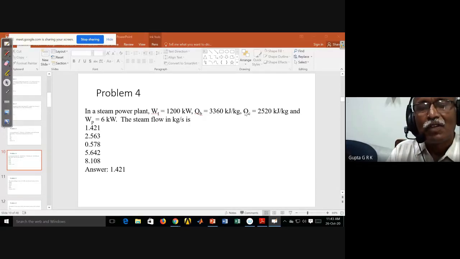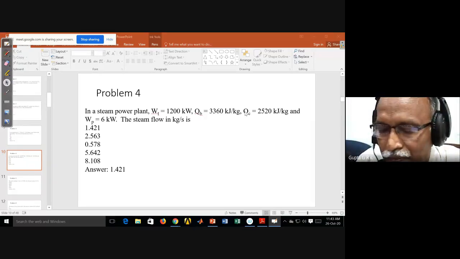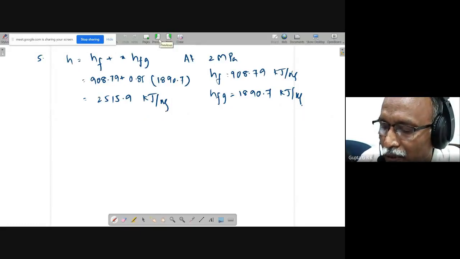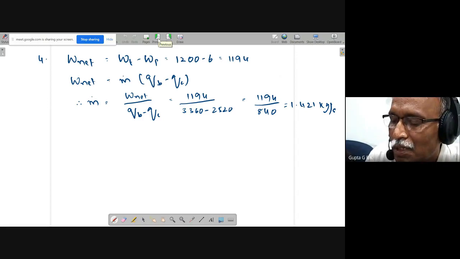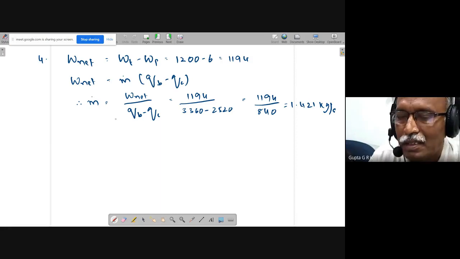So if you divide one by the other, you will get the mass flow. Okay, just you will check it. So W net is equal to Wt minus Wp, 1200 minus 6, and W net also equal to m dot into QB minus QC. So m dot is equal to W net by QB minus QC. You will get like this.